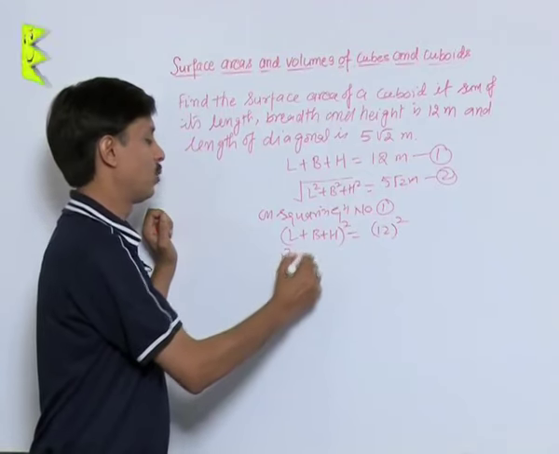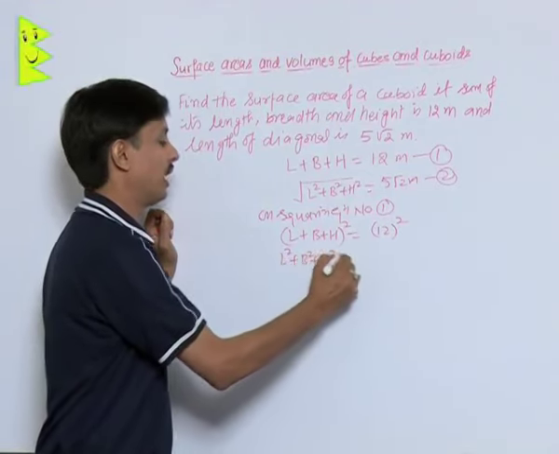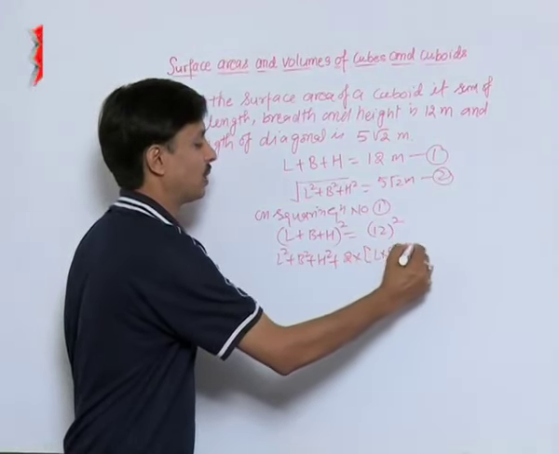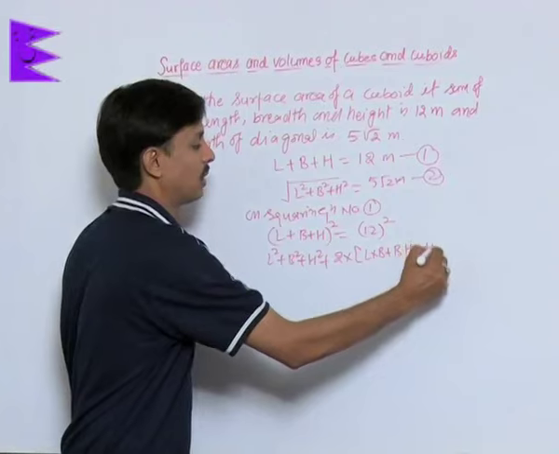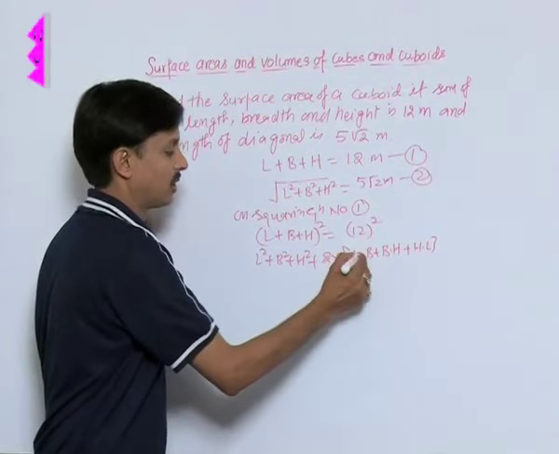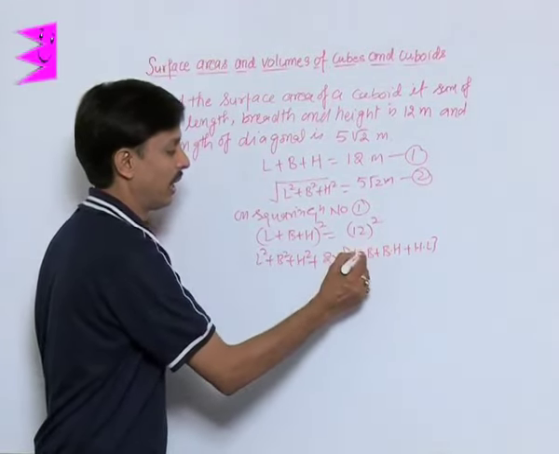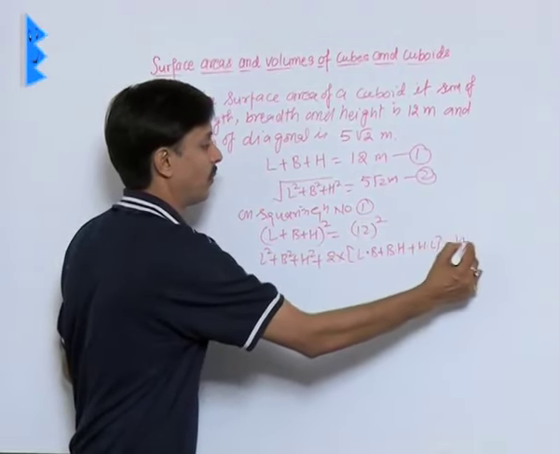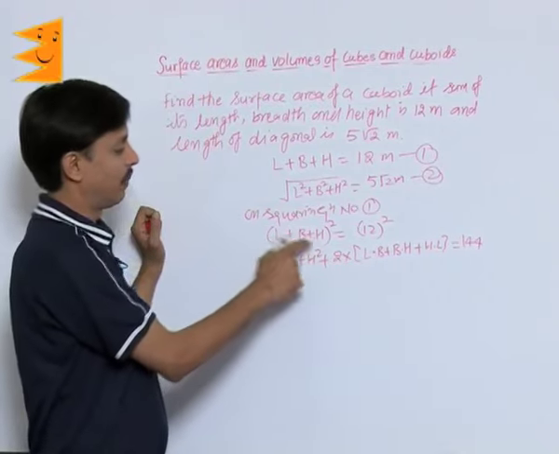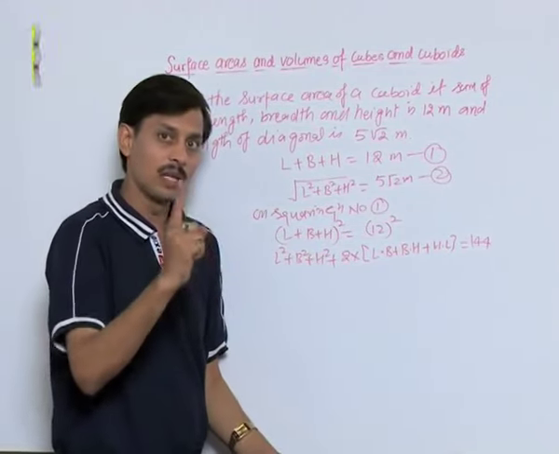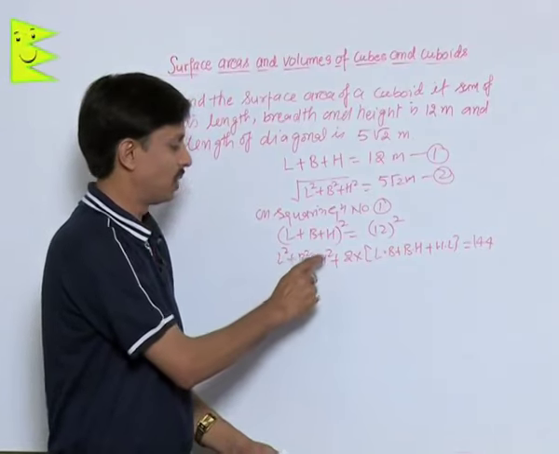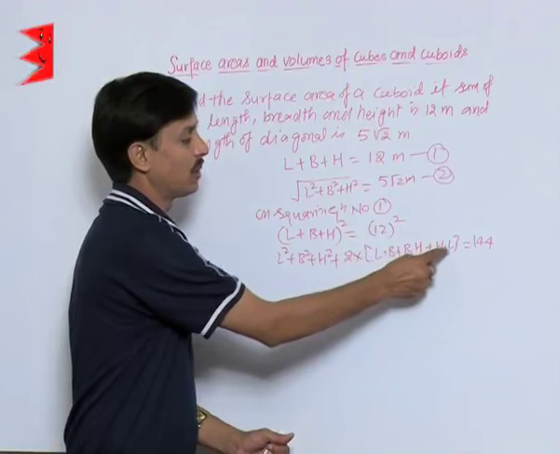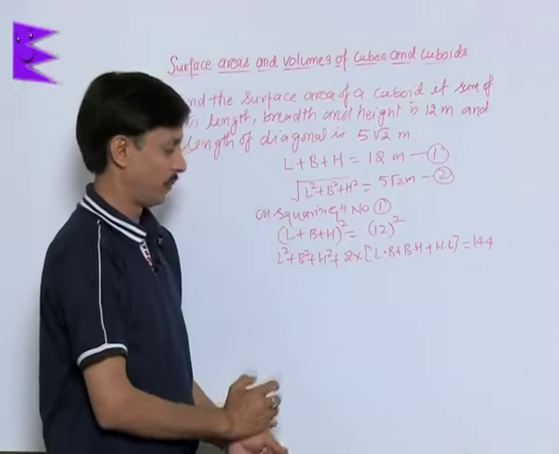This becomes L square plus B square plus H square plus 2 into L into B plus B into H plus H into L is equal to square of 12, which is 144. Here I have applied the formula of A plus B plus C whole square, A square plus B square plus C square plus 2 into A into B plus B into C plus C into A is equal to 144.